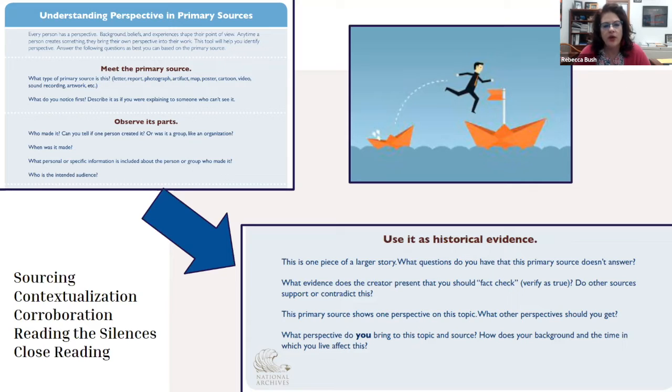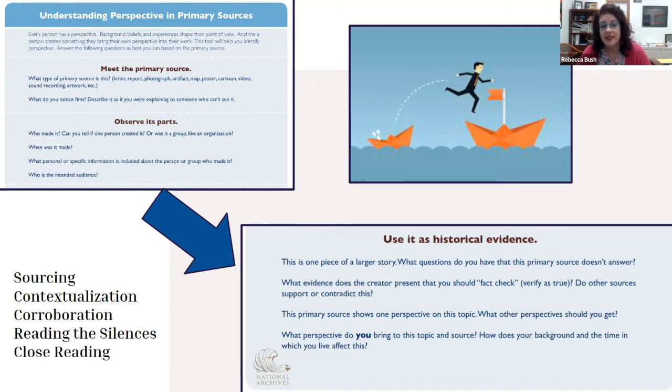And so here's where we have to take a step back sometimes and think about, all right, what are some of those historical thinking skills that we need to model for our students and to get them in the habit of thinking about when they're working with primary source documents?